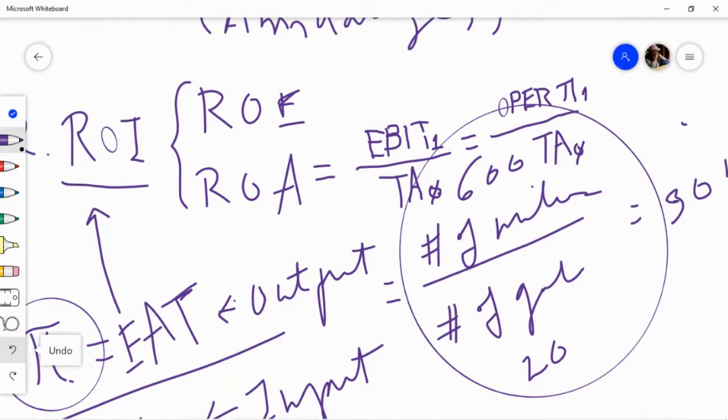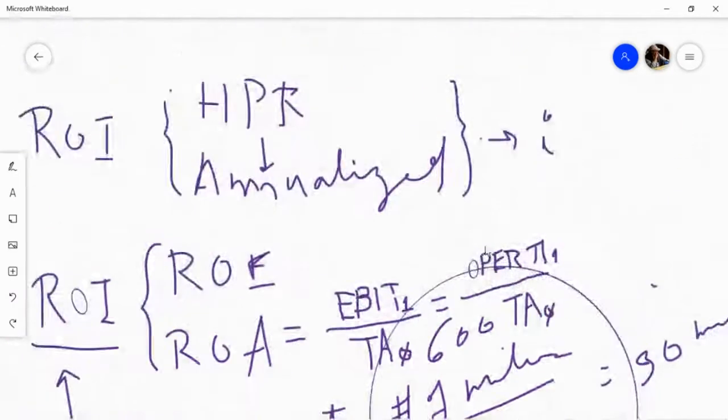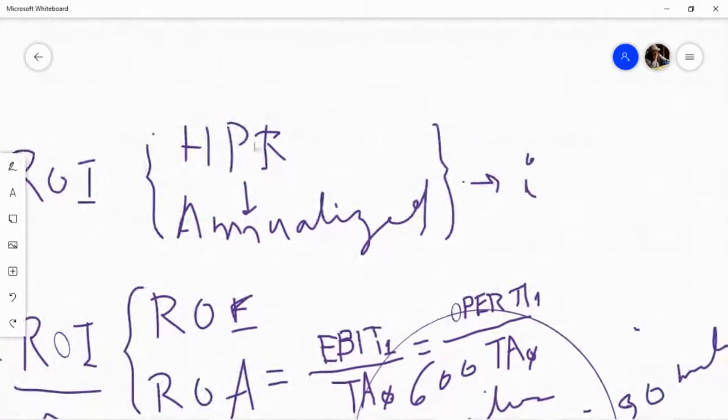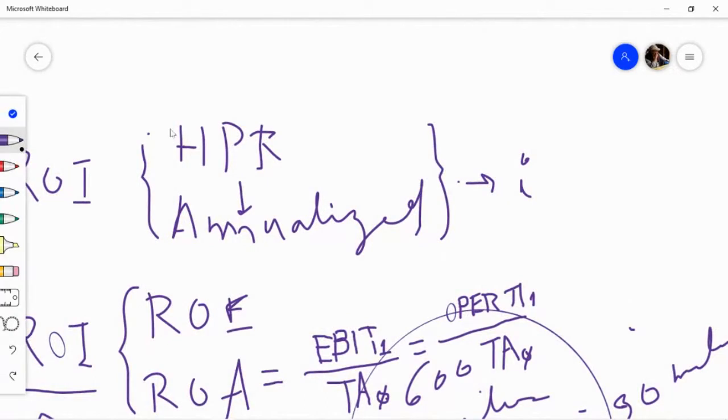What you invested at time 0 will result in output at time 1. It's the same concept as why we divide when we calculate a one-period return.